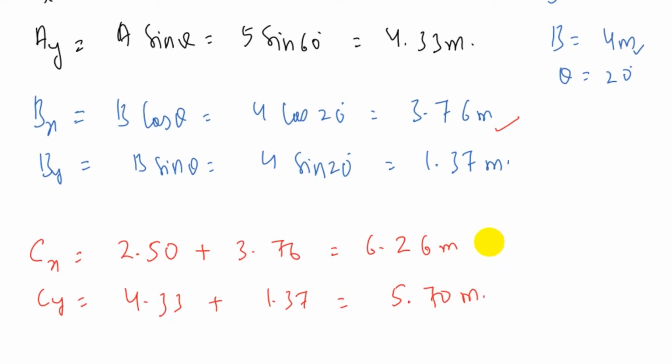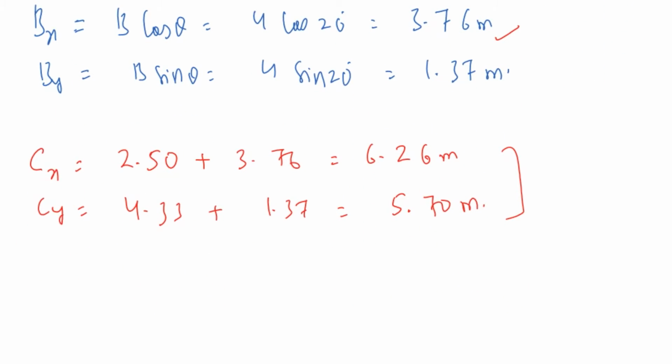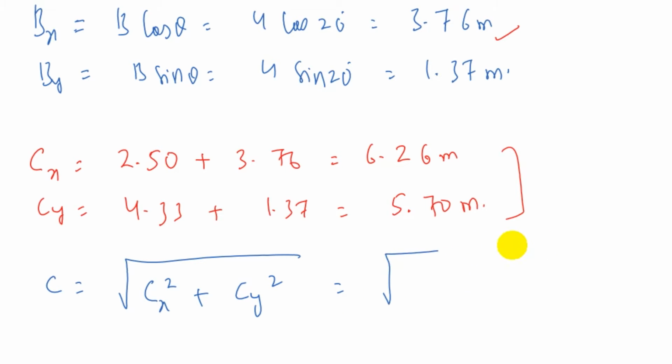Now once we have calculated the components Cx and Cy, we can easily calculate the magnitude of C, which is given by the square root of Cx squared plus Cy squared. This is what we studied earlier. So the square root of Cx, which is 6.26, squared, plus Cy, which is 5.70, squared.